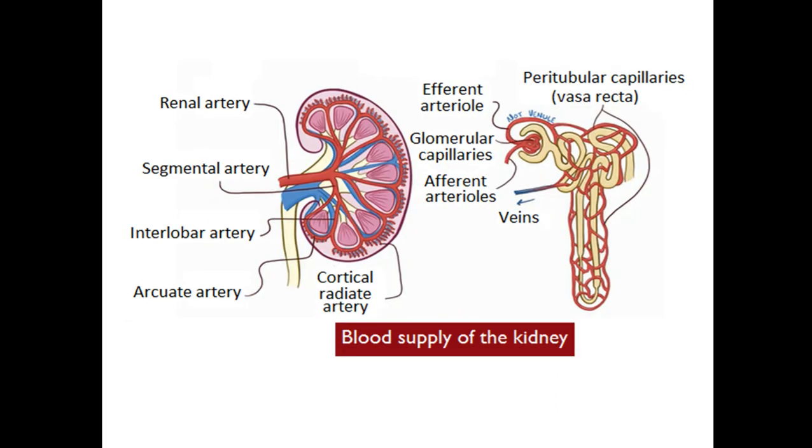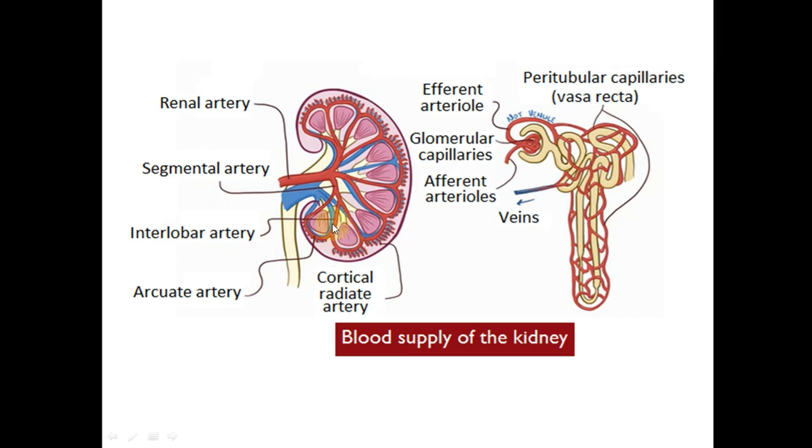Now, if we come to the blood supply of the kidney, the renal artery, which is a branch of the aorta, divides into segmental arteries, and the segmental arteries further divide into the interlobar arteries that run between the lobes.